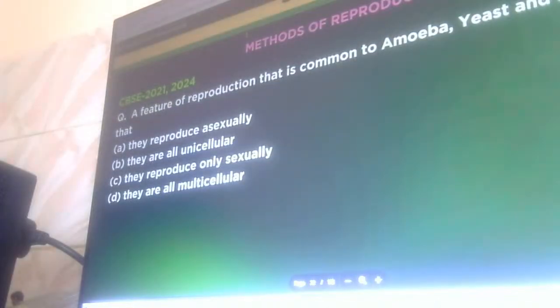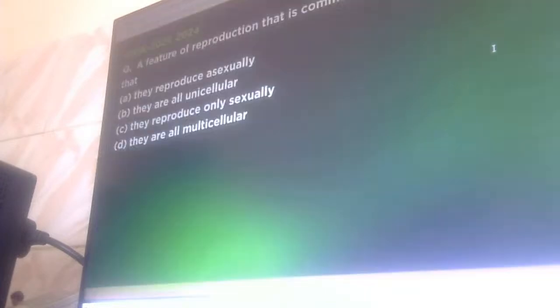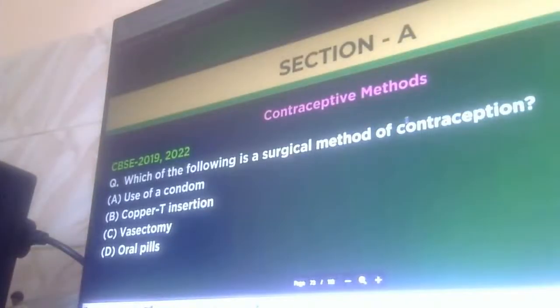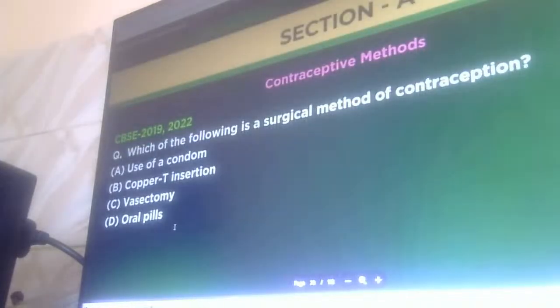Surgical methods are vasectomy and tubectomy.